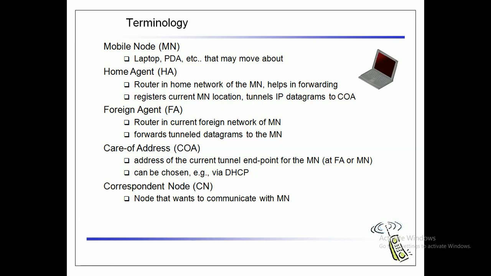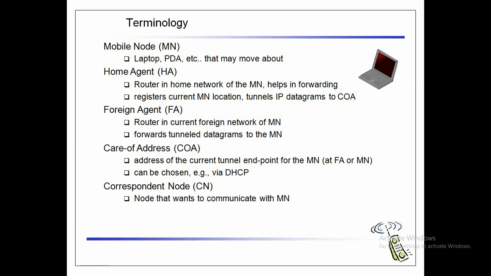So the home agent maintains a local registry, and it is informed of the mobile node's locations. It is the router in the home network of the mobile node and helps with forwarding. And it registers the current mobile node location for IP datagrams, that is the COA, the current location.